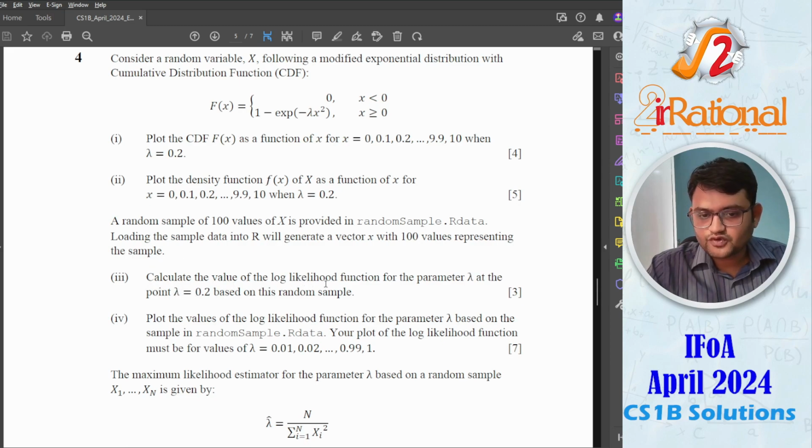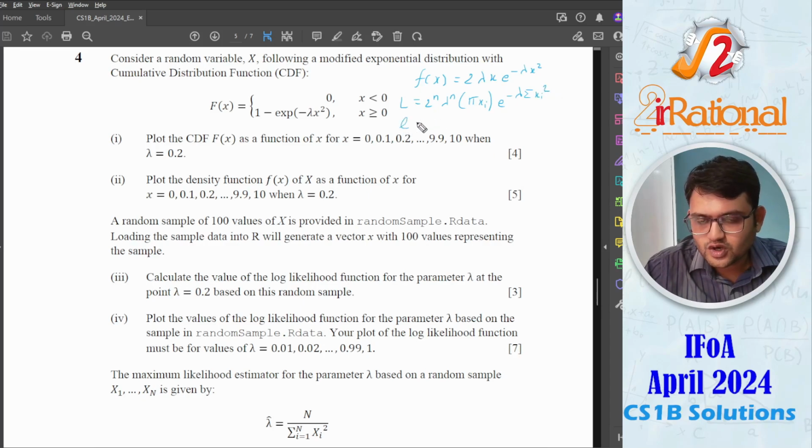Calculate the value of the log likelihood function for the parameter lambda at the point lambda equal to 0.2 based on this random sample. So the f of x that we generated was 2 lambda x e raised to minus lambda x square. So the likelihood is going to be 2 raised to n, lambda raised to n, then product of xi, e raised to minus lambda summation xi square.